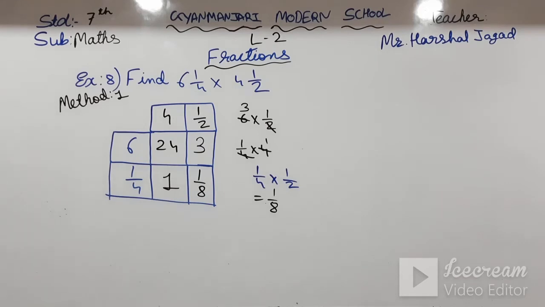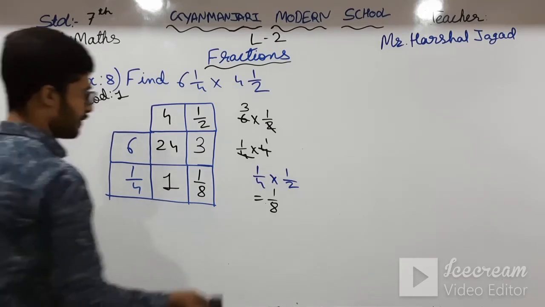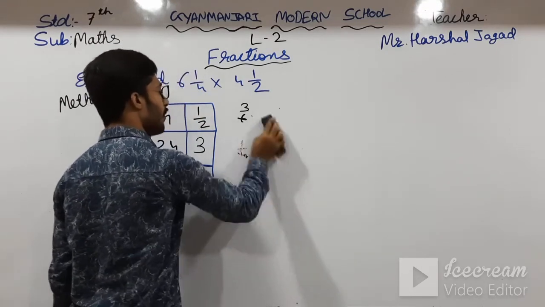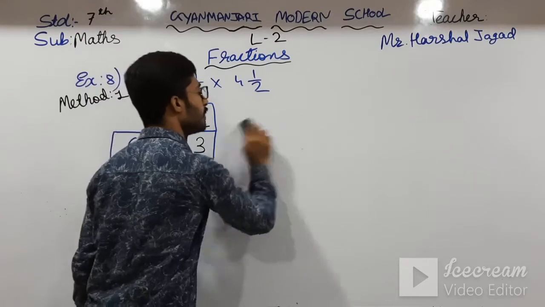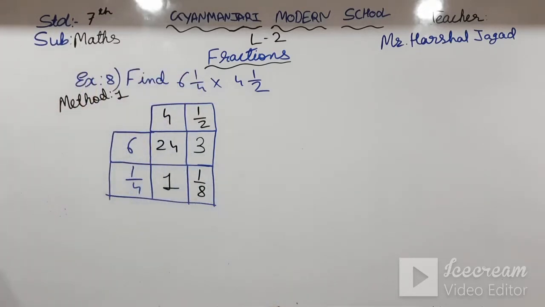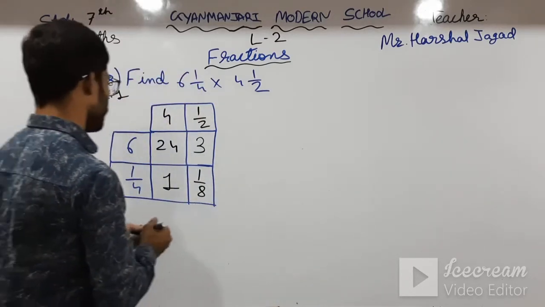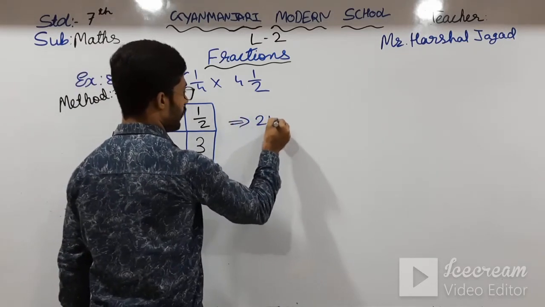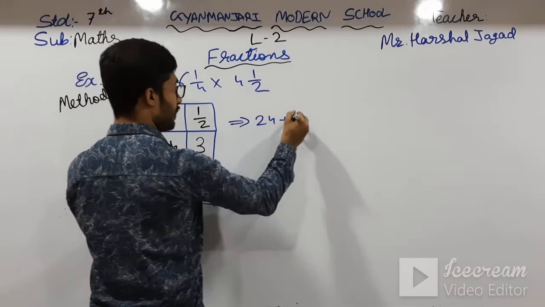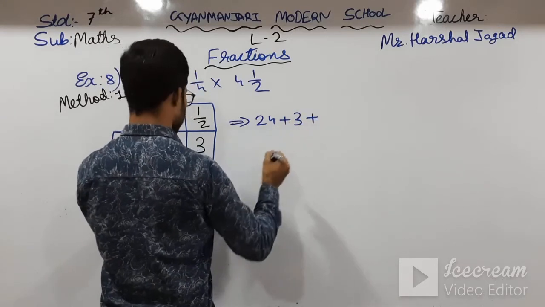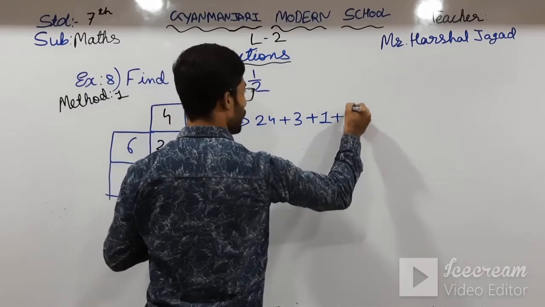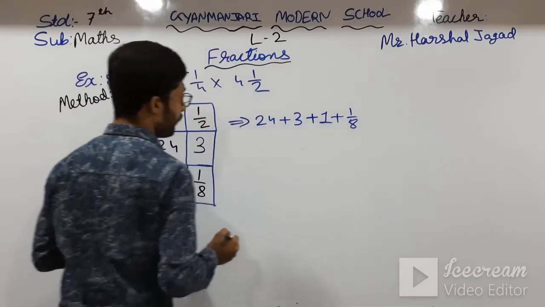Next we have to do the addition of all the terms. So what will be there? 24 plus 3 plus 1 plus 1/8.